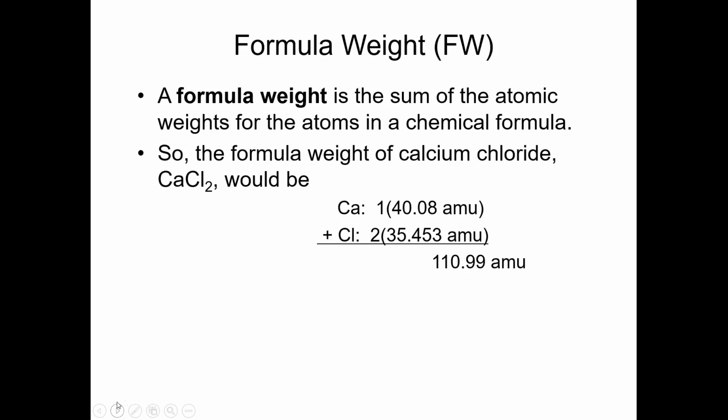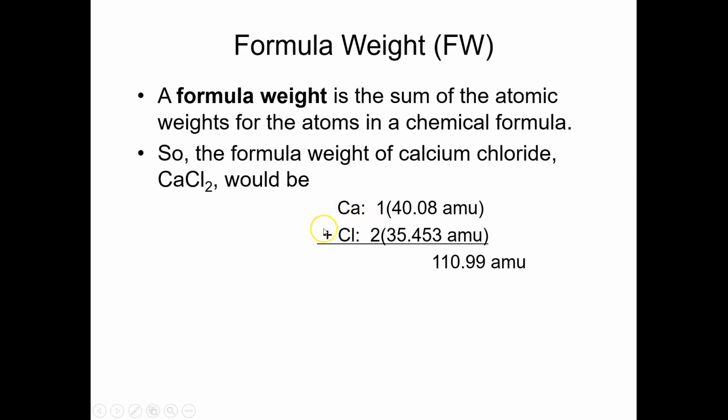So, for example, if we had calcium chloride, which has this formula CaCl2, we're going to take all the calcium atoms, which is one. There's one calcium atom in the formula. We're going to multiply its atomic weight from the periodic table, which is 40.08, by 1.